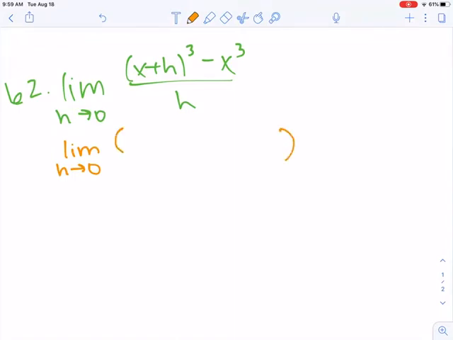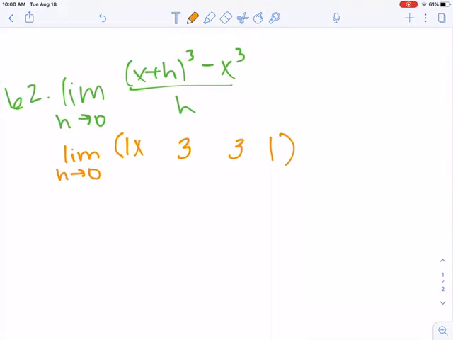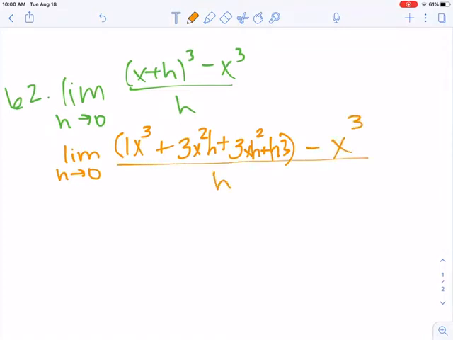So when we expand out x plus h, the quantity cubed, we know our coefficients are going to be 1, 3, 3, 1. So 1x cubed, plus 3x squared h plus 3xh squared plus 1h cubed. Okay, so you can do the algebra, or you can use Pascal's triangle to help you.